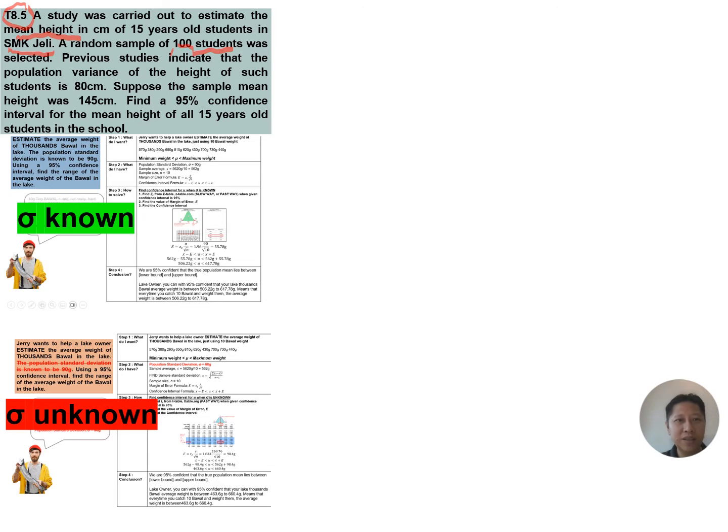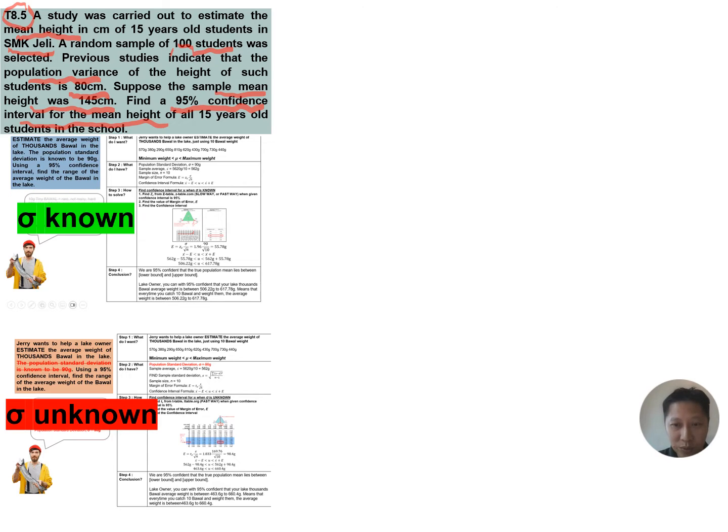From these 100 students, the population variance is 80. We are not given the population standard deviation, we are given the population variance. Suppose the sample mean was 145 cm, and we want to find the 95% confidence interval for the mean of the students, between where and where.